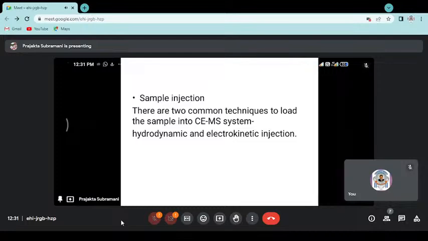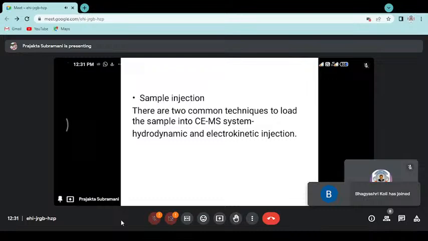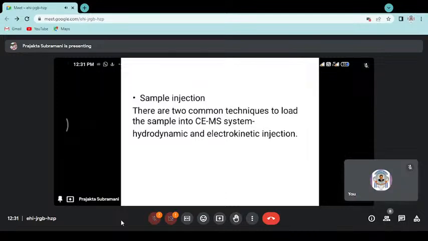The advantage of this hydrodynamic injection system is that it is unbiased to molecules with high or low electrophoretic mobility. In capillary electrophoresis, the molecules are separated according to their electrophoretic mobility. Then the next method of sample injection is electrokinetic injection.